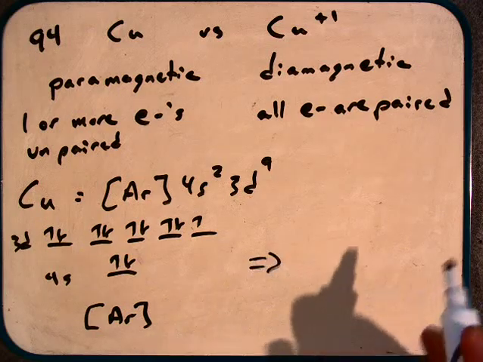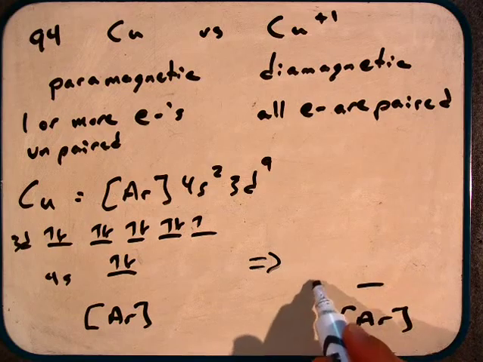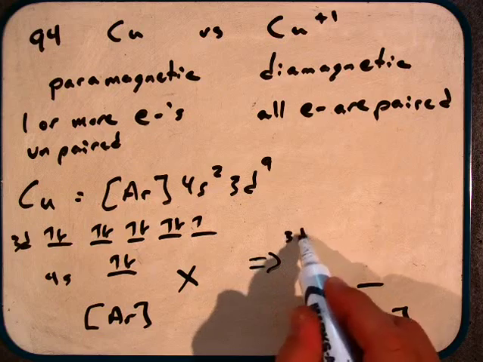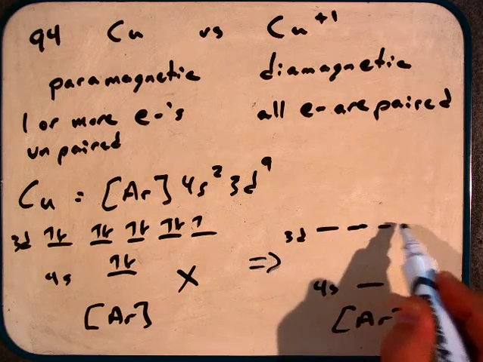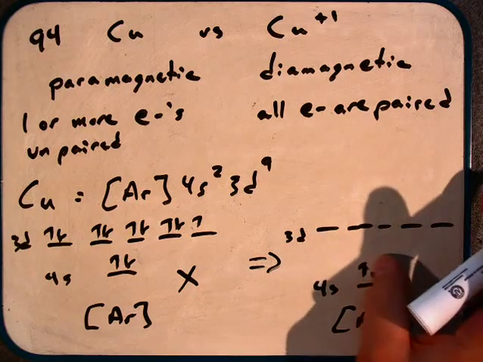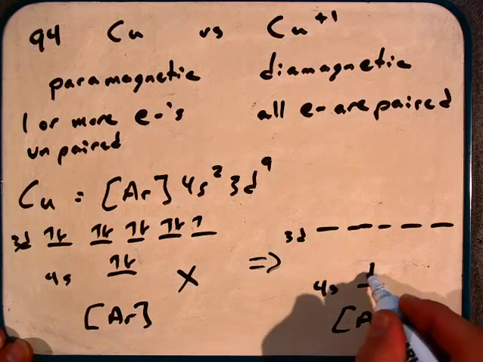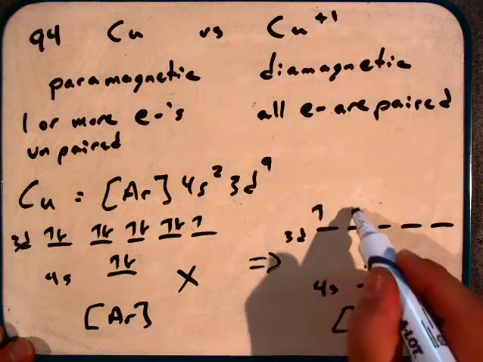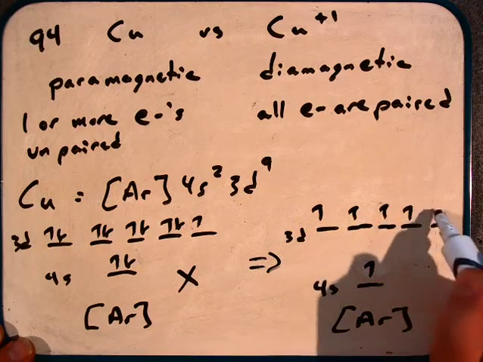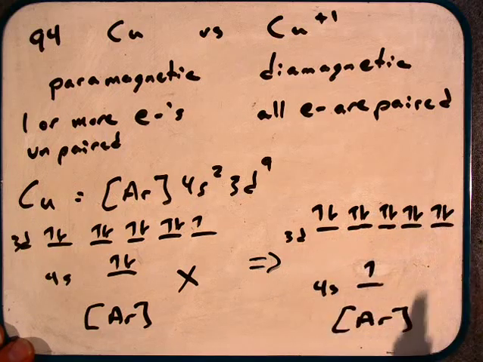And so copper is one of those that actually prefers to not have its electronic configuration in this form, but to have its electronic configuration in this form, where instead of having 2 electrons in the 4s, there's only 1 electron, and that electron has been bumped up to the 3d set.